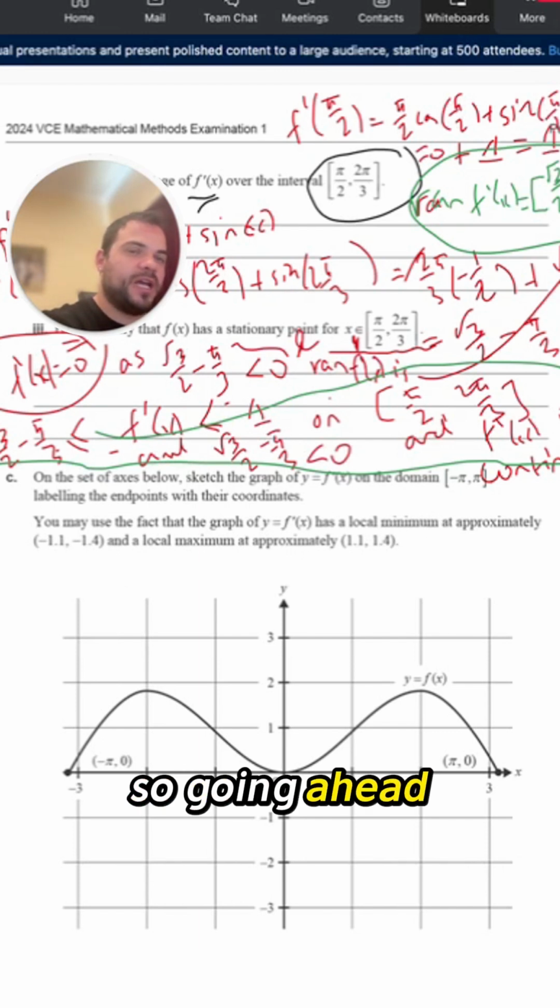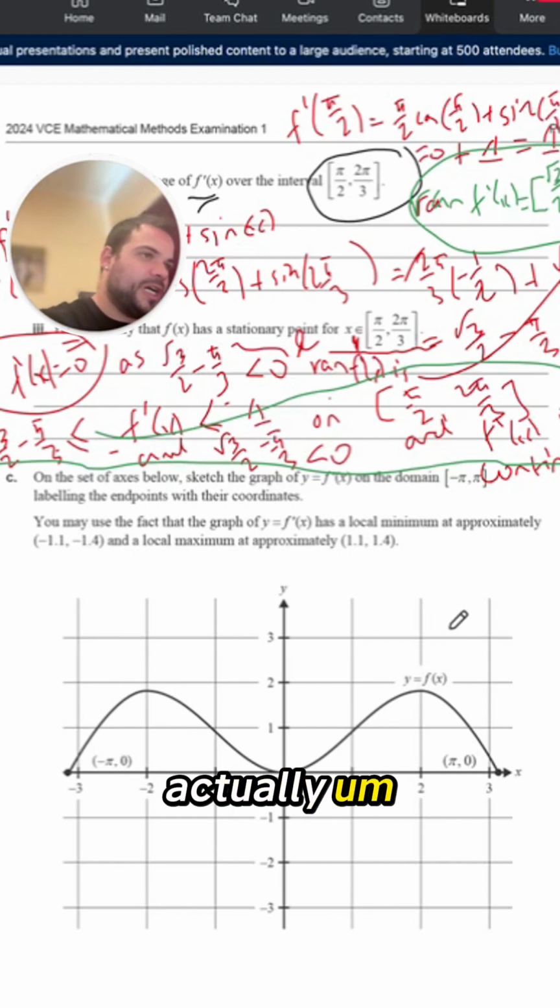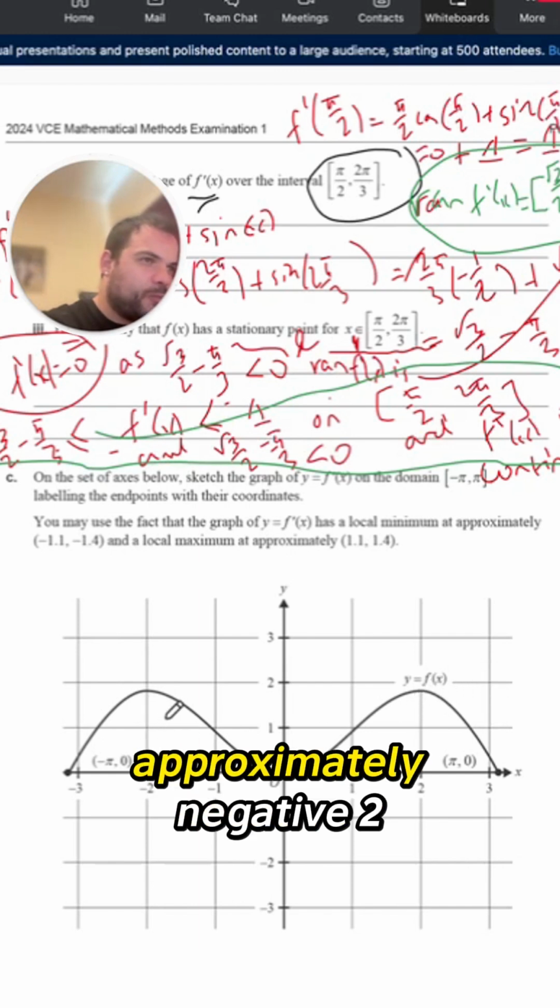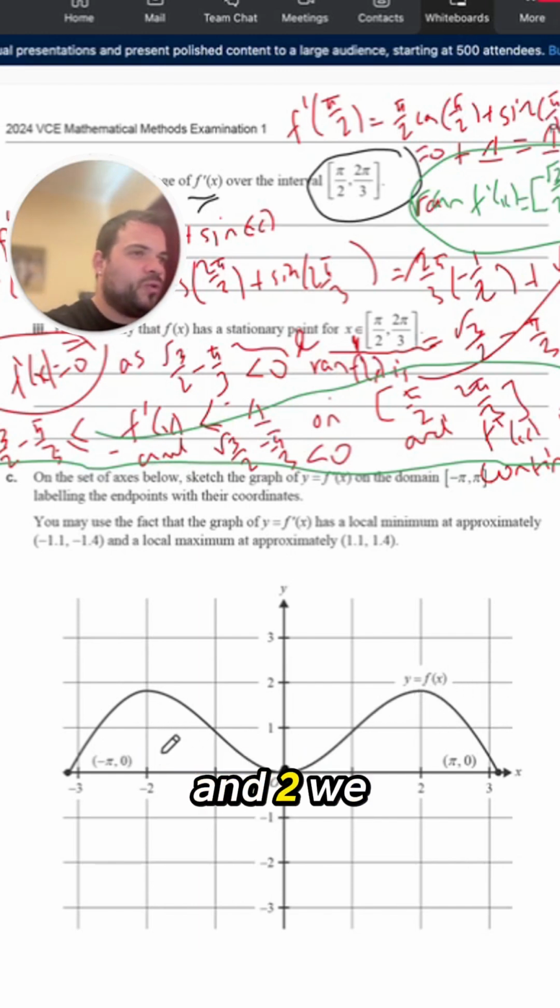So going ahead, the first thing I would do here is not just sketch it, but actually work out what certain points on the derivative will be. So we can see here that it looks like at 0, there's a turning point, so we have a derivative of 0 there, and then again at approximately negative 2 and 2, we have turning points as well.